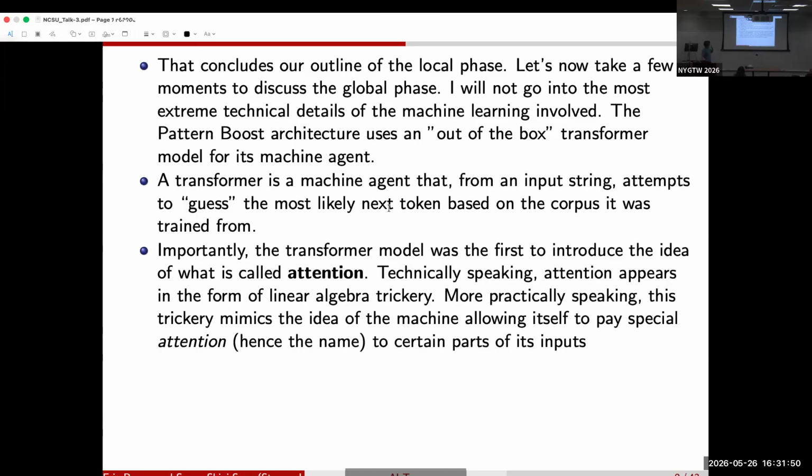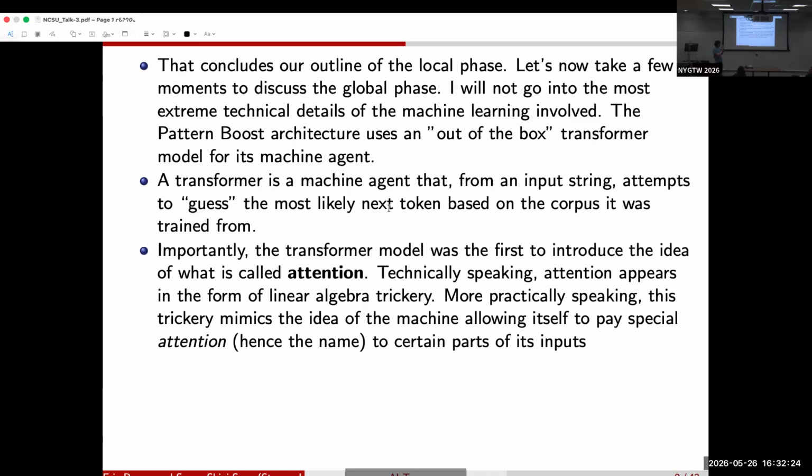Importantly, the transformer model first introduced the idea of what's called attention, which for machine learning people is pretty much the biggest thing since sliced bread. The idea is the following. Think about when you're writing emails on Gmail or whatever, and you start typing a sentence, and it gives you the suggested, here's probably what the next few words are. To do that, it's not really enough to just know what the current word I just typed is.